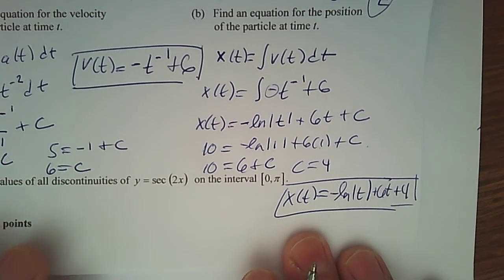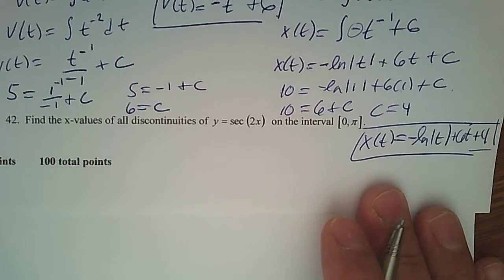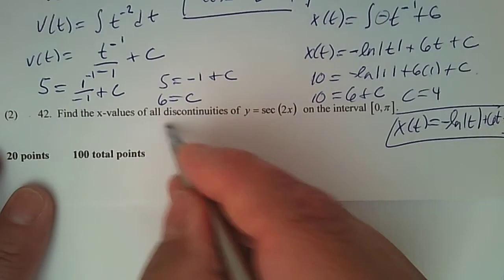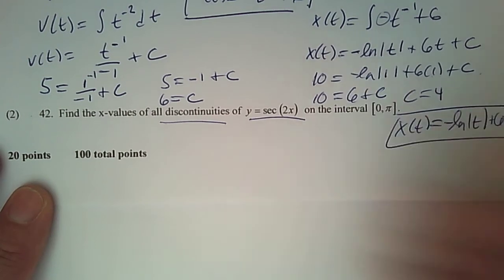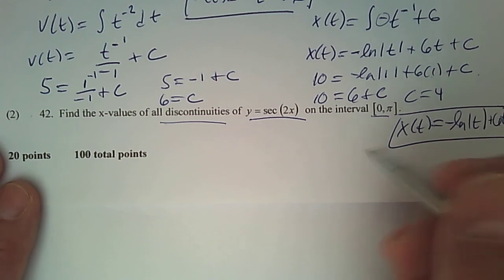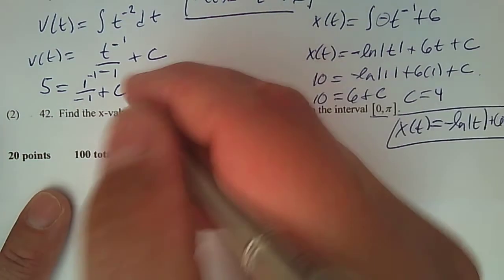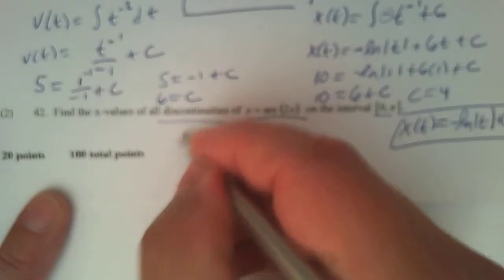All right, number 42, and this is what's going to end for today. So 42, find the x values of the discontinuities of this on the interval from 0 to pi. So if I was going to do that and understand the discontinuities of it, I need to know where the asymptotes are for secant. So if you think of the graph for secant and think of the unit circle, I think that'd be helpful.